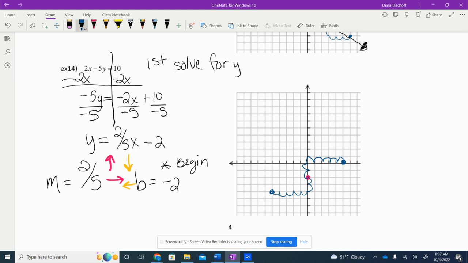So I'm still not going to get my 4 points out here, but I might go down 1, 2, over 1, 2, 3, 4, 5. There are going to be times where you can't get all 4 points. For me, graphing on the computer, it makes it easier when I have 4 points. Make sure you connect your points with a line and put arrows on the end of your lines.